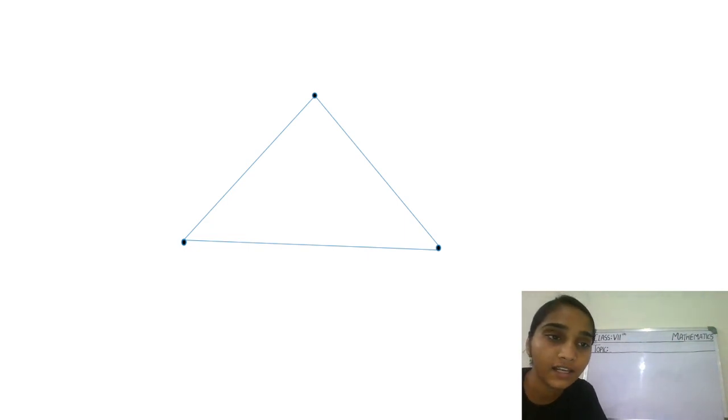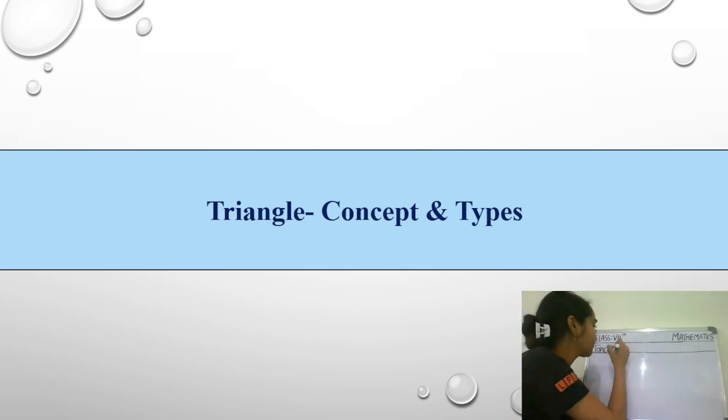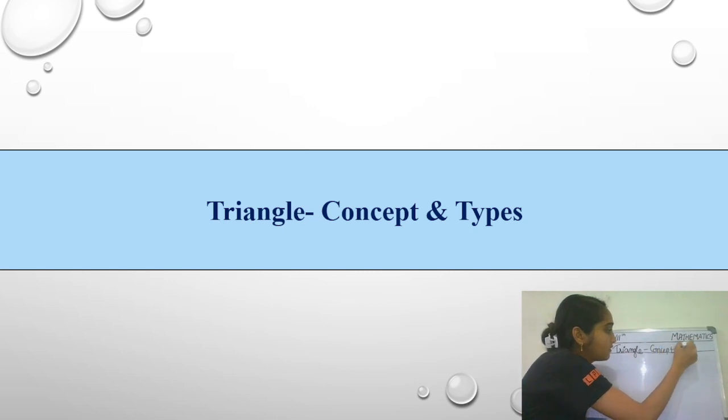This is a triangle, students. So today we are going to study about the triangle, its concept and types. What are we going to discuss today, students? Yes, triangle, its concept and types.